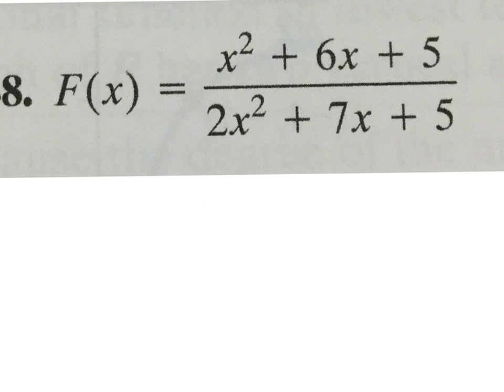Okay, now we've got one more we're going to do. Looking at this one, it is not factored, right? It's already in the distributed form. So the first thing I'm going to do is factor it, because we need both forms of our rational functions. Looking at the numerator, will x squared plus 6x plus 5 factor?